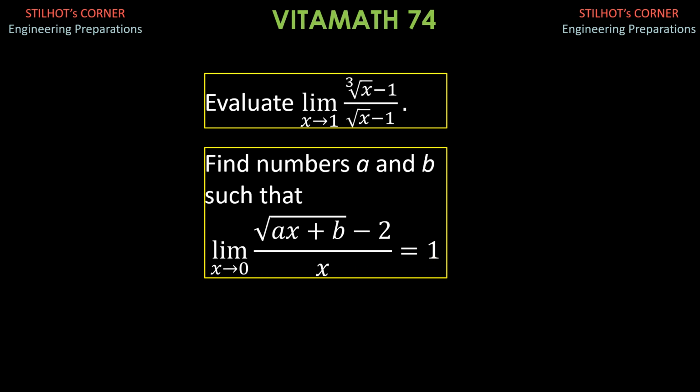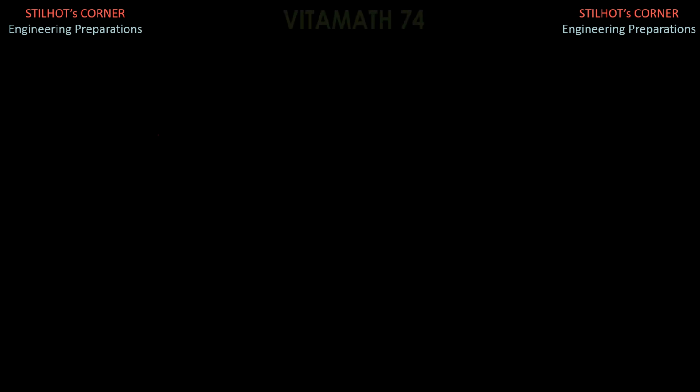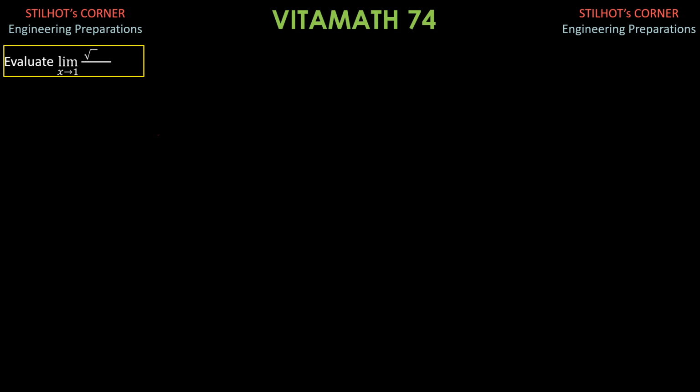So for the solution of the first problem, the LCD of the indices, one is 3, the other is 2, so 6. So we will transform this in such a way that there is a common factor which we're going to remove, that is x to the 1/6 minus 1.